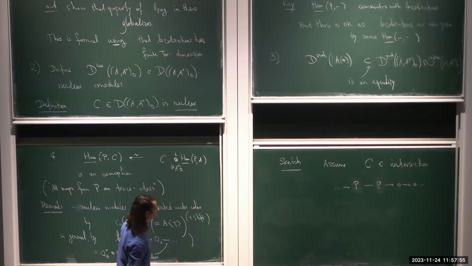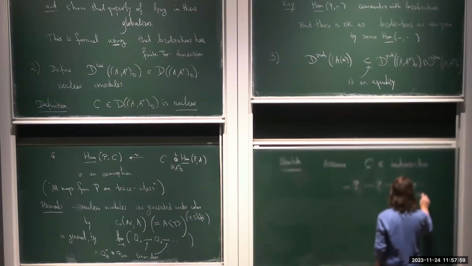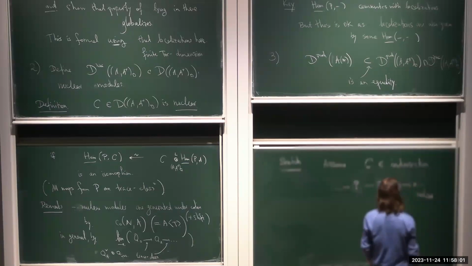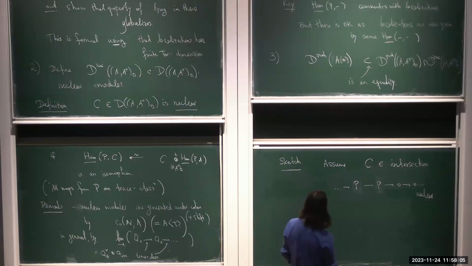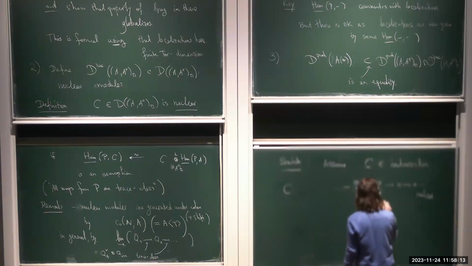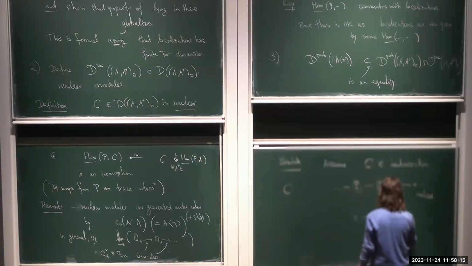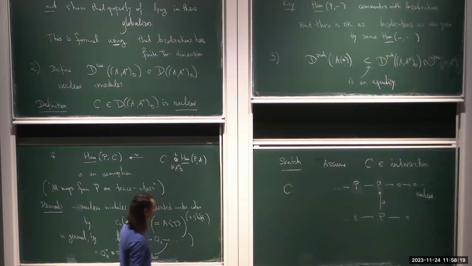We have such a complex, and we know that it is nuclear. Right? But now I certainly have a map from P to here, which is just the identity here, and my complex is just 0 elsewhere. Right? There's a map of complexes. This is a map from P into C, right?